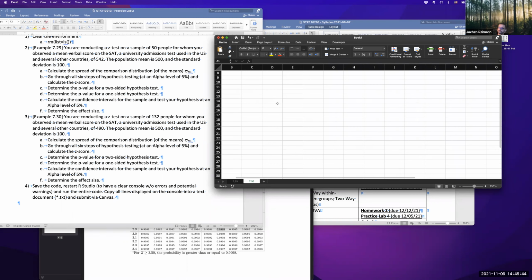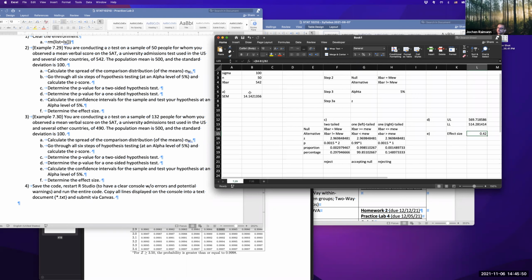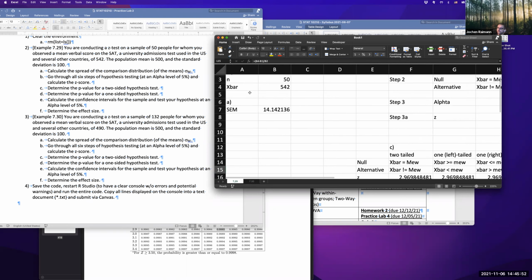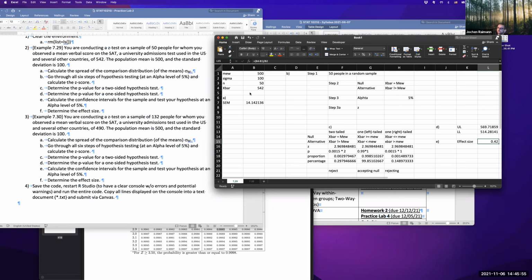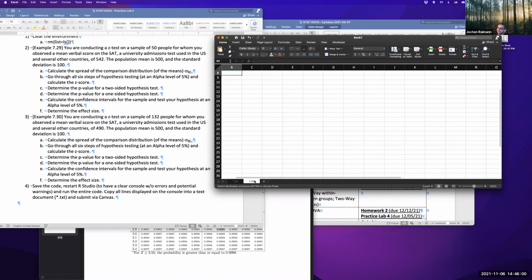is equally simple. We have now, okay, easily solved. We have a population mean of 500. We have a sigma of 100 again.